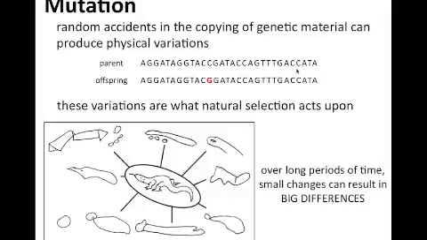So all life is built on millions and millions and billions of mutations. And the differences that are produced by mutations can be very small from one generation to the next. But if you have a long span of time, those small little changes can result in really big differences. So mutations are absolutely essential to the diversity of life that we see on the planet today.